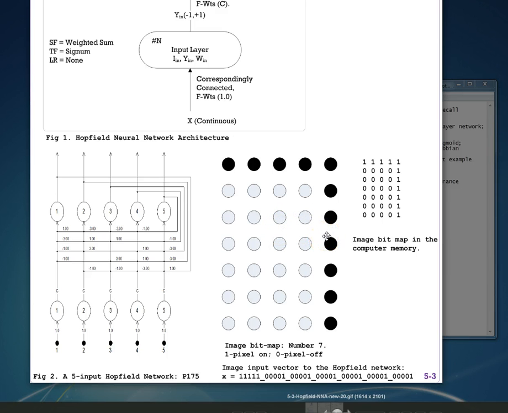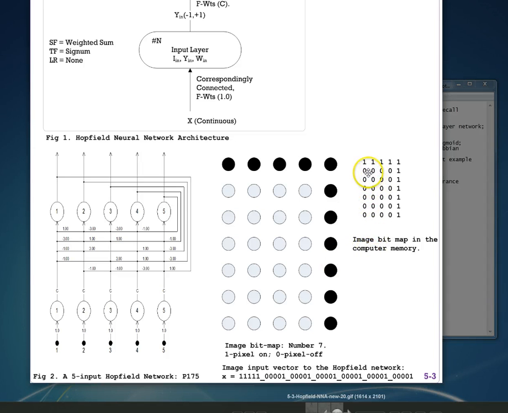If you want to represent this image, whichever pixel is on in memory is represented by a 1, and whichever pixel is off is represented by 0. That is, pixel on is binary 1 and pixel off is binary 0. So it is stored in memory as a bitmap in this format, representing ones and zeros.